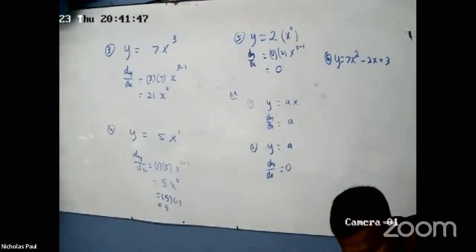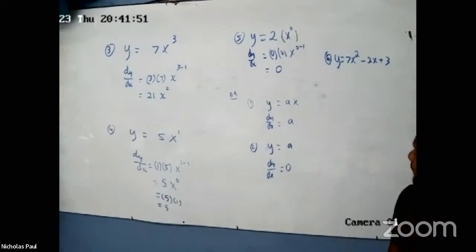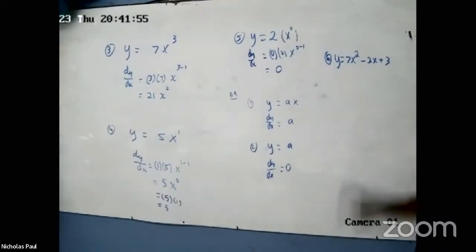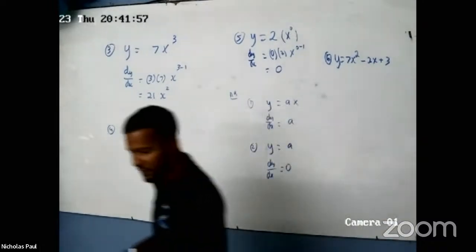Message your answer for number 6. You're doing it all together, so you differentiate this and this and this. Message your answers online.